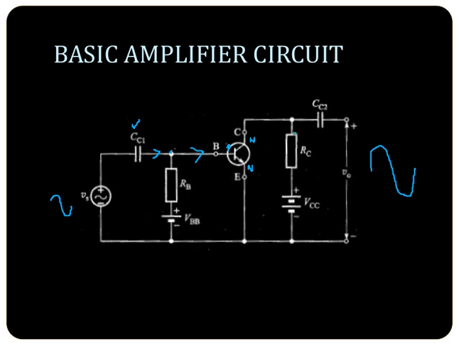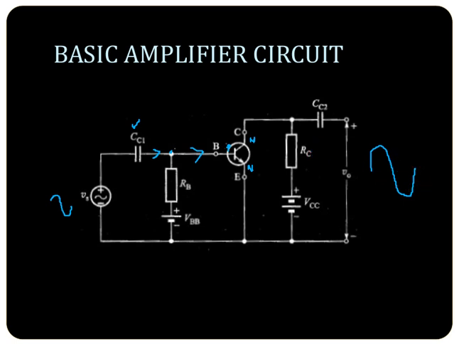Now at the output side you can see VCC, which is a voltage connected across the collector to emitter, and this is reverse biasing the collector emitter junction, or effectively the collector base junction. Then the output is taken across this collector resistance RC. Again, you want an output which is an AC signal.